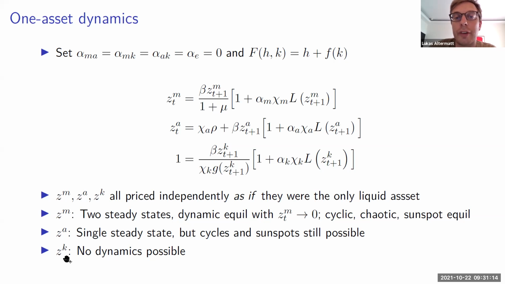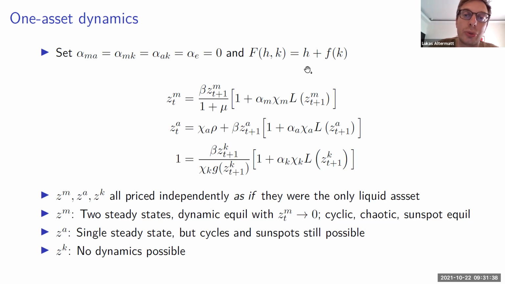For capital, importantly, I should have mentioned that here we assume the production function is additively separable in labor and capital. We also consider other cases, but sometimes we use this just to shut down effects going through the wage that would have general equilibrium effects that would complicate the analysis.